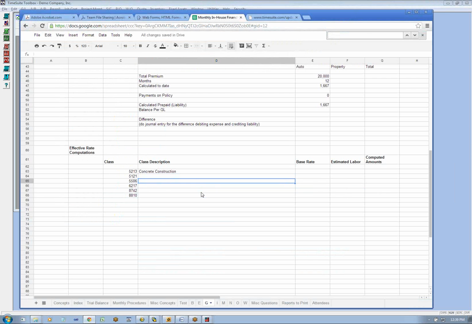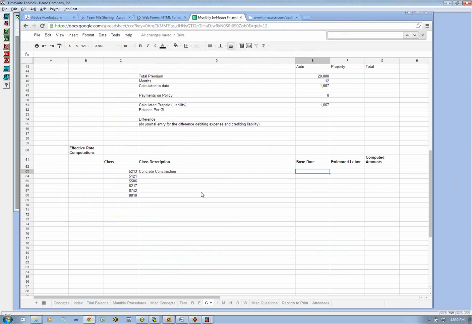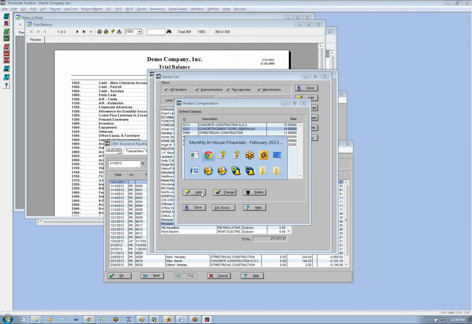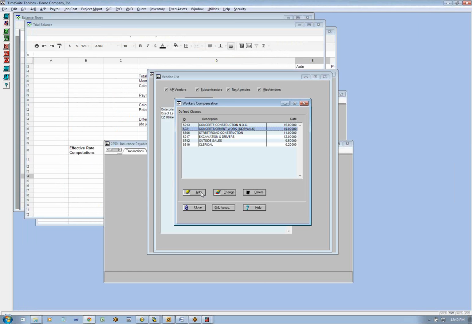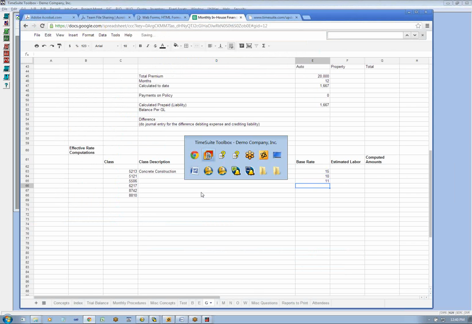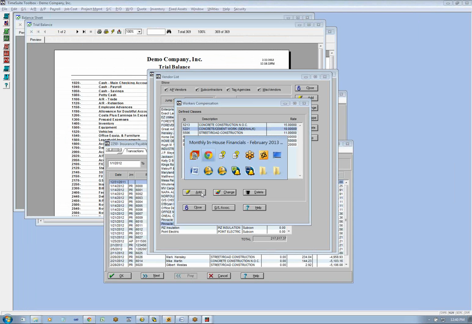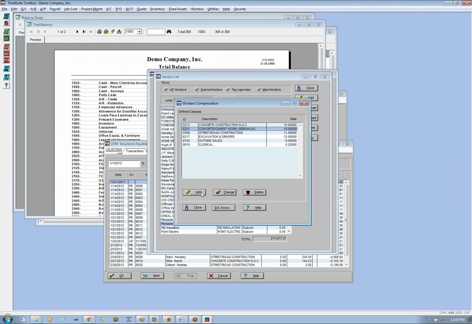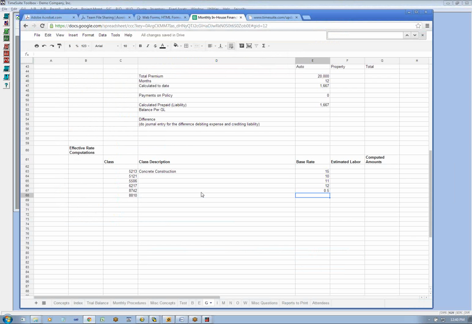You fill in all these classifications, and then they might have a base rate. Let's say these are our base rates: 15, 10, 11, 12.5, and 0.2. And then let's say they think we're going to have 200,000 in labor here.